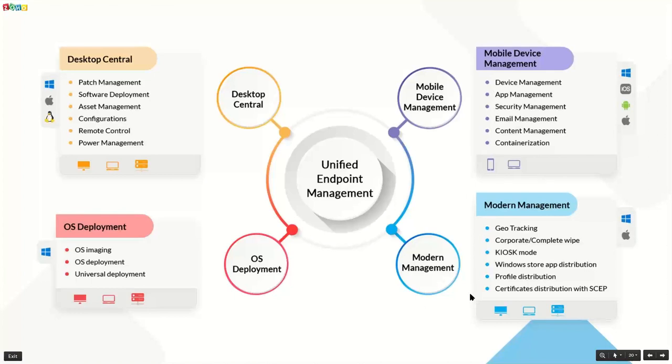And then we have modern management, which is for Windows and Mac machines. You can enable functions like geo-tracking and geo-fencing for your laptops, and you can perform a complete or corporate wipe. You can also put them in kiosk mode, distribute store applications, and manage profile distribution. Now, these are all the features that are offered within the Unified Endpoint Management Desktop Central suite.